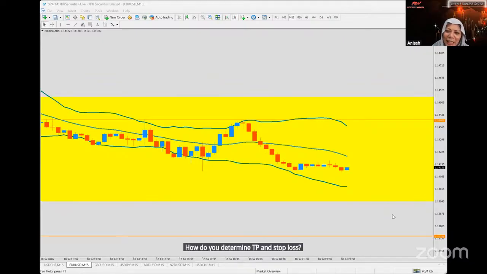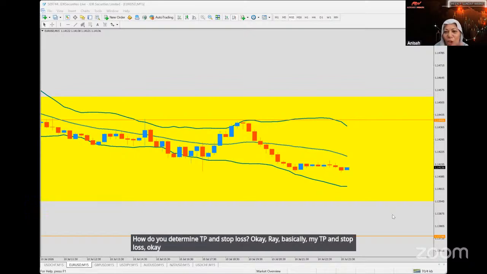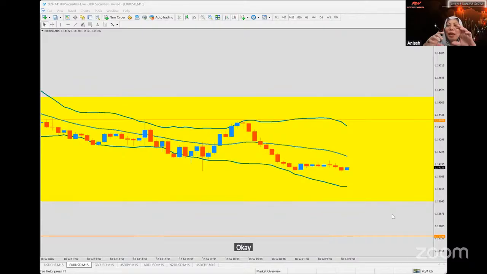Okay, Ray, basically my TP and stop loss is either the top BB or the lower BB, the upper band line or the lower band line. So TP1 is the band line on the time frame that you trade.